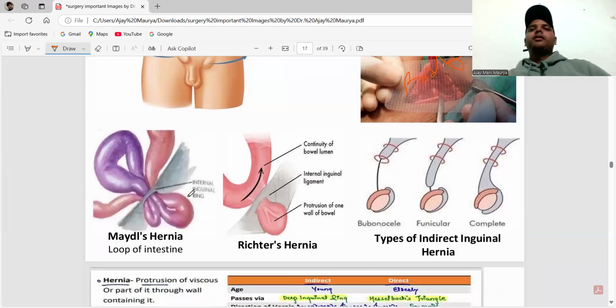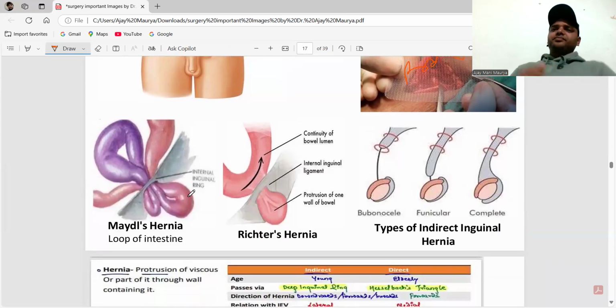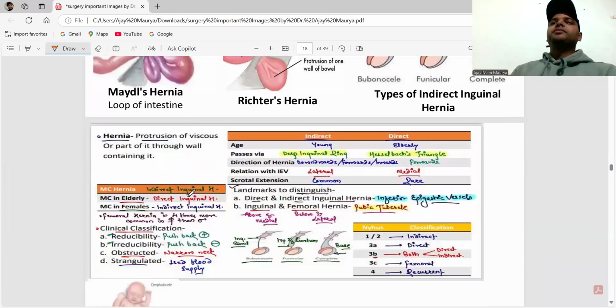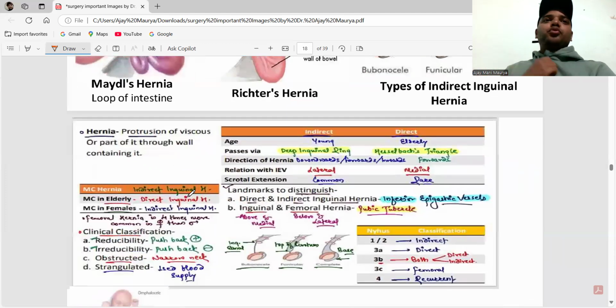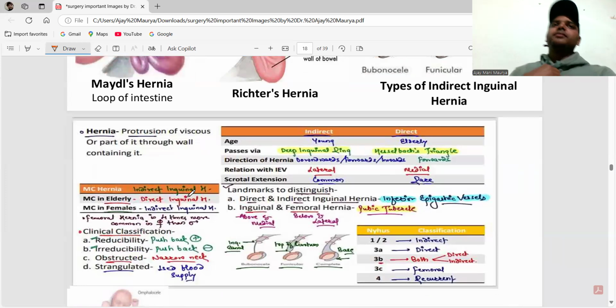Please remember, from the hernia topic there is going to be one question. What is a hernia? It is the protrusion of a viscus or part of the contents through the wall. See here, guys, the indirect and the direct hernia. What is the most common type of hernia? It is the indirect.